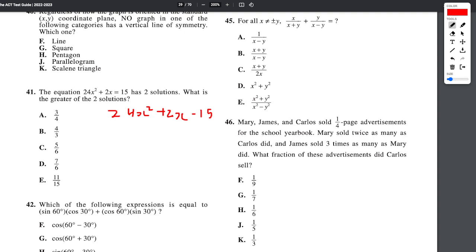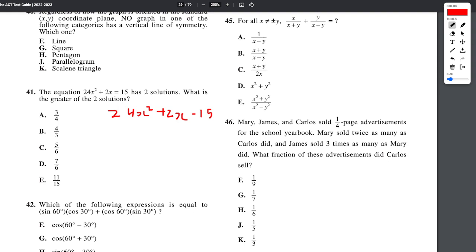Factors of negative 360. Alright. You could look for that as long as you wanted to. Alright, let's see what works.